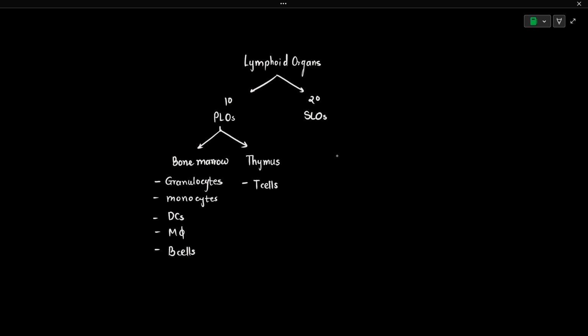The secondary lymphoid organs are the spleen, that we are going to discuss today in detail, then MALT, mucosal associated lymphoid tissue, and then lymph nodes, which are a part of the lymphatic system.